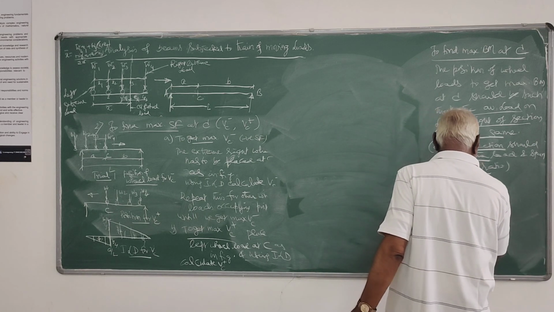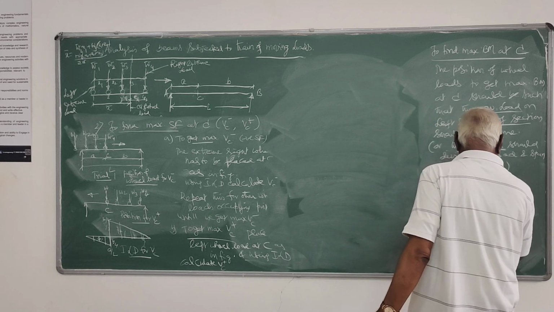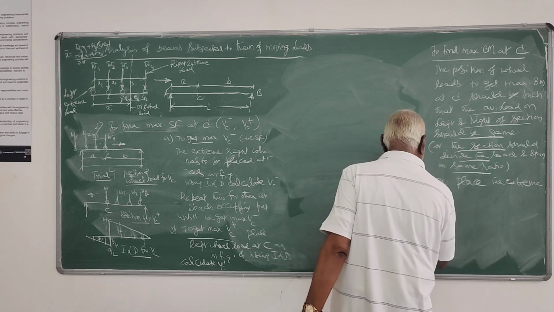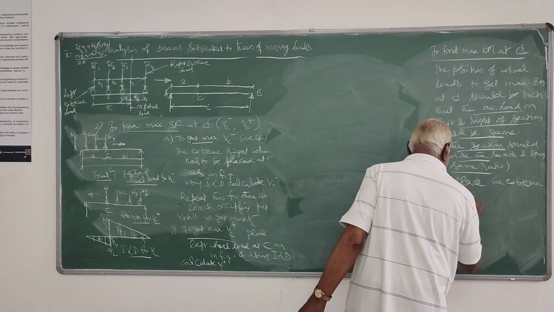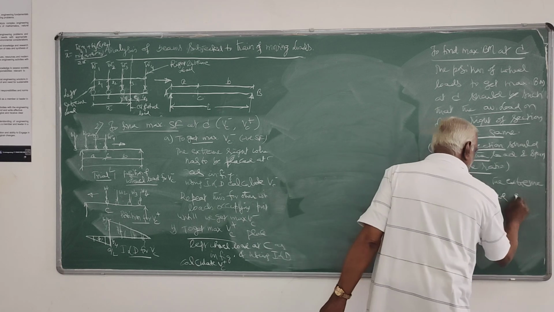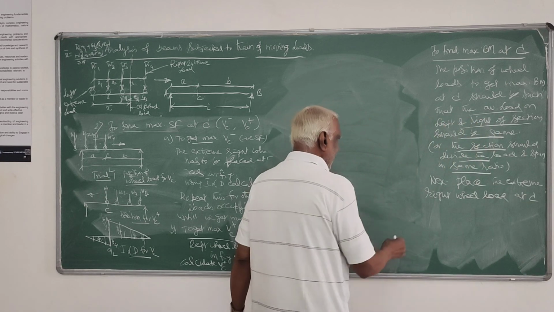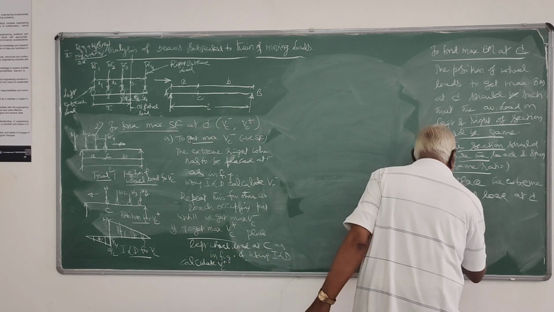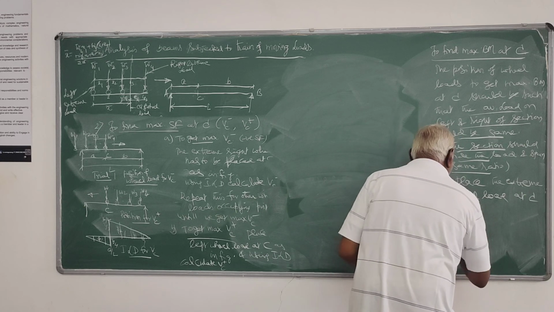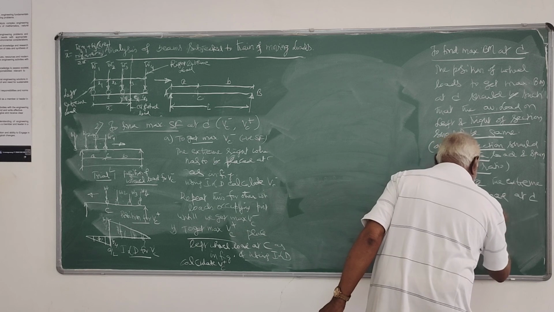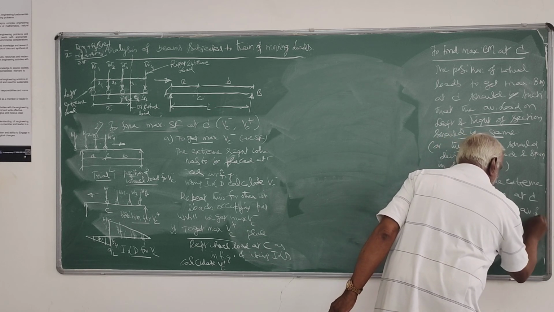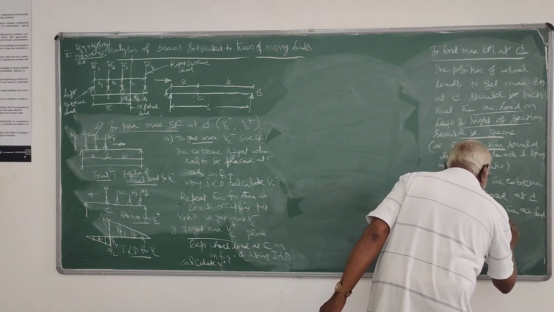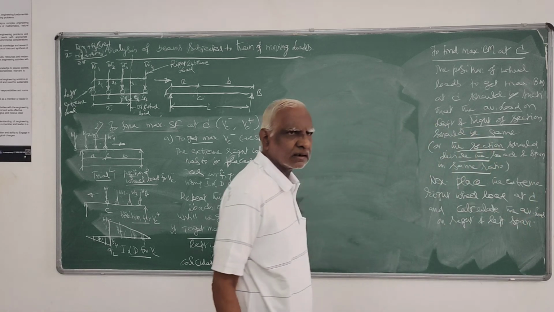Next, you place the extreme right wheel load at C, and calculate the average load on right and left span.